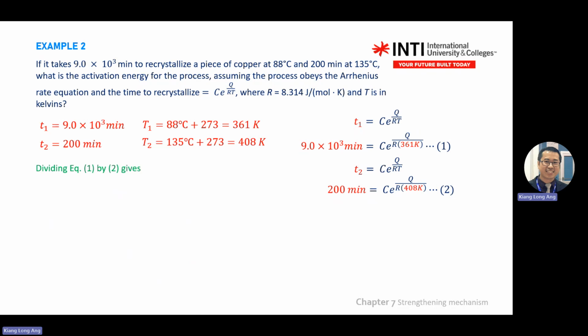So t for the first case is 9 times 10 to the power 3 minutes equals C e to the power of Q over R times the temperature, 361, that is 88 degrees, to 361 Kelvin. You do the same for the second case, where it increased to 200 minutes and the temperature becomes 135, which is 408 Kelvin. Then you divide the equations. When you divide the equations, you get a ratio, right? And the exponential ratio is a minus.